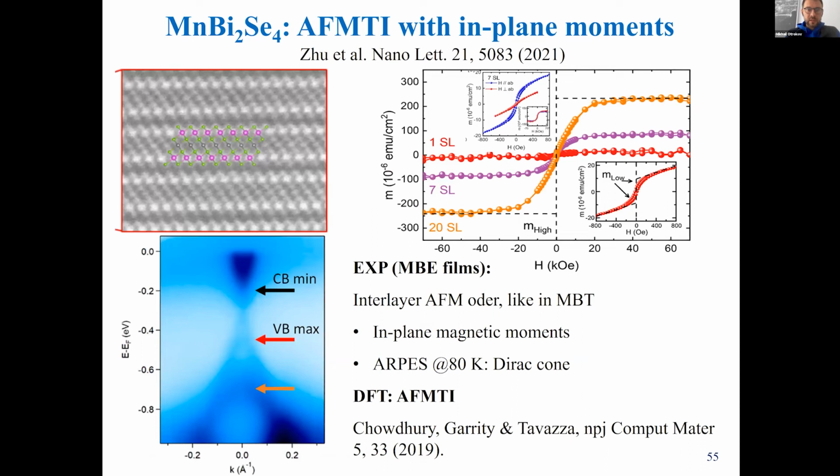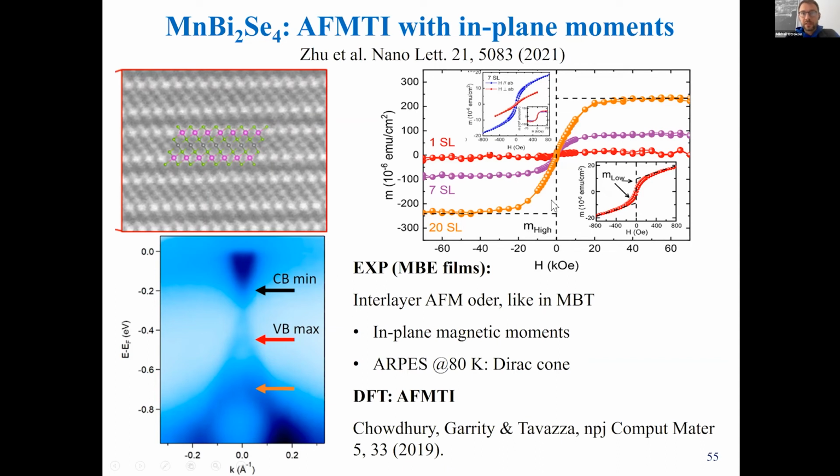And very recently, there has been a Nano Letters paper about this manganese bismuth selenide. Sorry, it is indeed made of septuple layers. That is the predicted trigonal structure, which is achieved using molecular beam epitaxy in thin films.